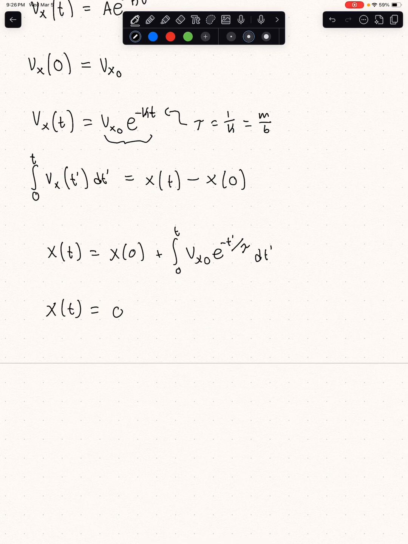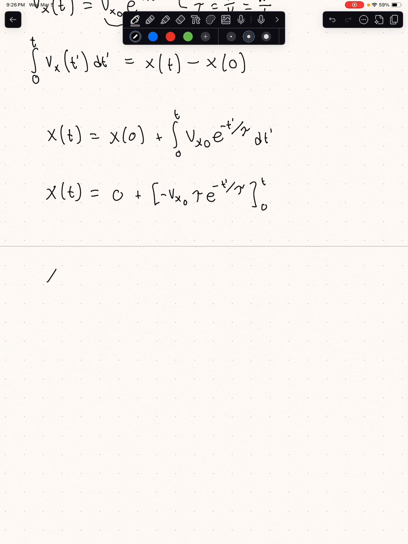That doesn't always have to be the case, but this will be 0 plus negative vx naught tau e to the negative t prime over tau, from 0 to t.